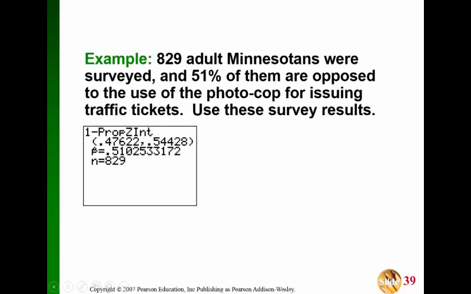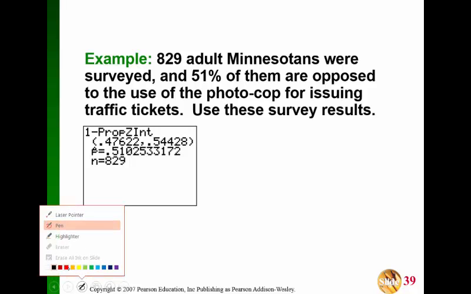So what I did in the next slide is I took that example that we actually did, and all I have is the calculator results that give us the answer. So let's say this is our answer. Say in the test situation, you were asked to find the confidence interval for this situation. You found the confidence interval.